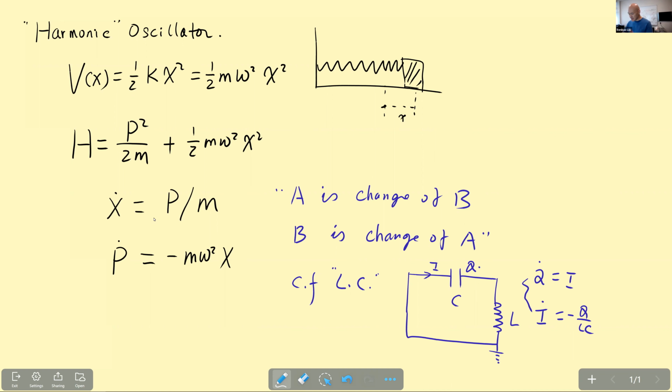So this is the classical physics that we have for the harmonic oscillator, and as you can see from these two examples, it can be applied to many different problems.